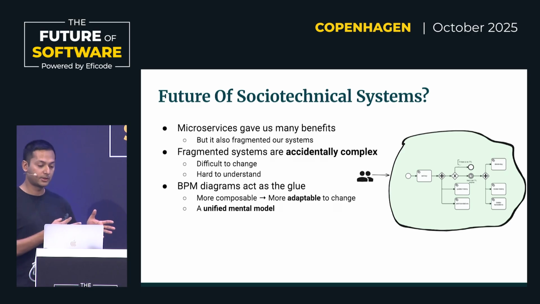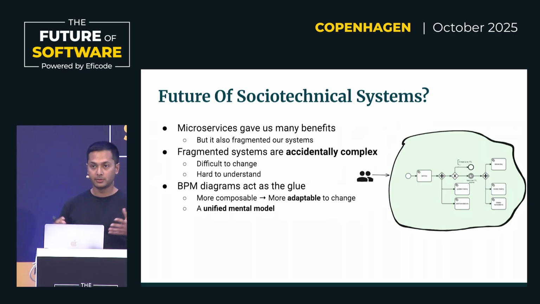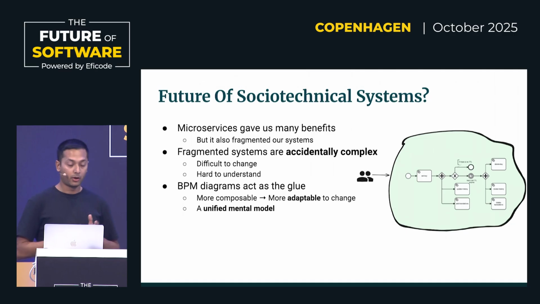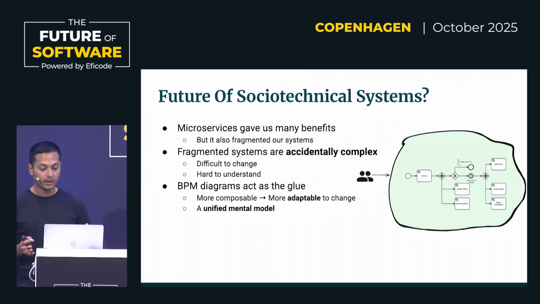So we have these microservices that take on a lot of the product responsibilities, but they are not composable just on their own. Having a control layer, or an orchestration layer, that composes microservices together would be a real benefit. But also, because it is a diagram, this is a unified mental model that everybody would understand. And we would not have to rediscover our systems multiple times.